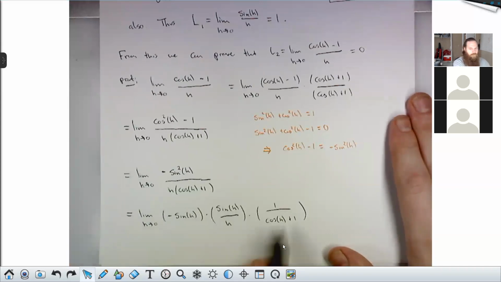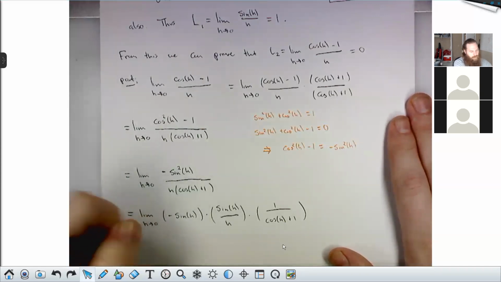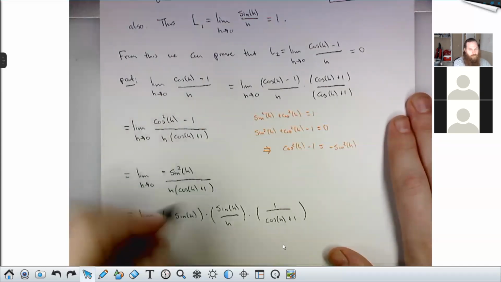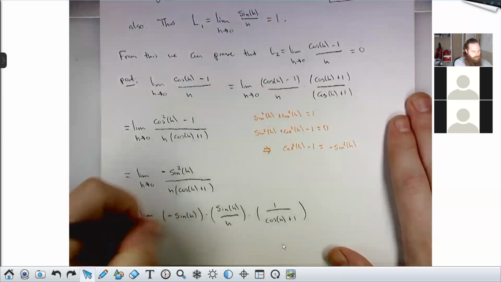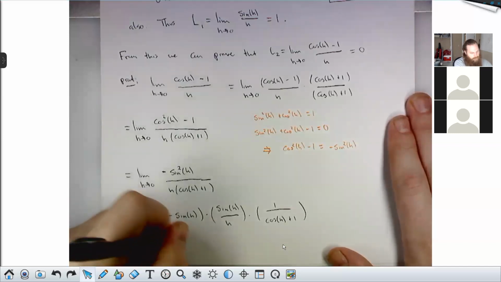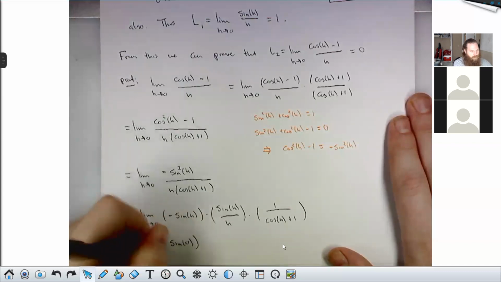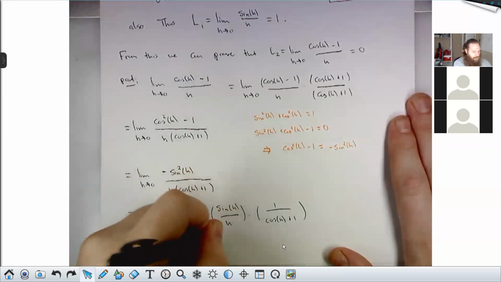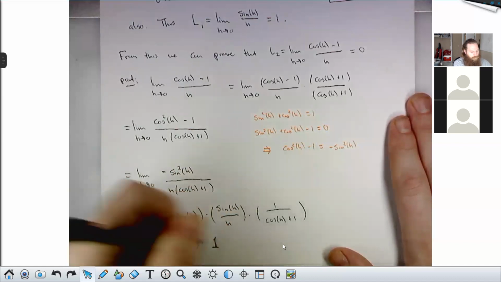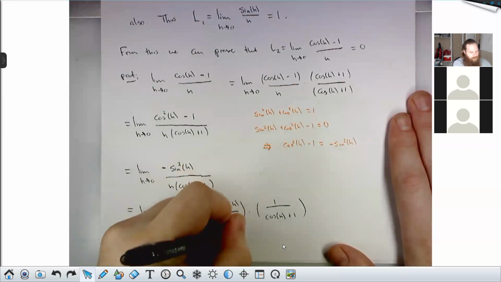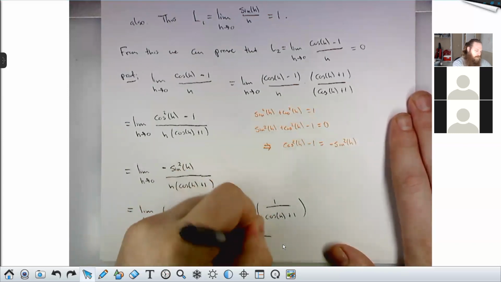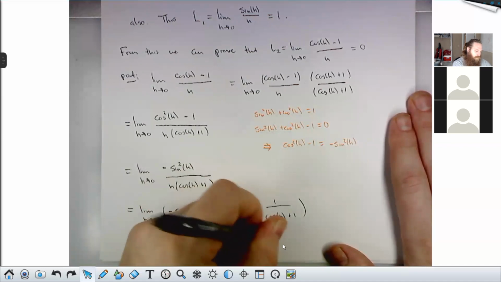And I can take the limit of each of these three pieces separately. This first piece becomes negative sine of 0 when you send h to 0. This piece right here becomes 1. That's the special trig limit that we just figured out. And this piece over here becomes 1 over the cosine of 0 plus 1.